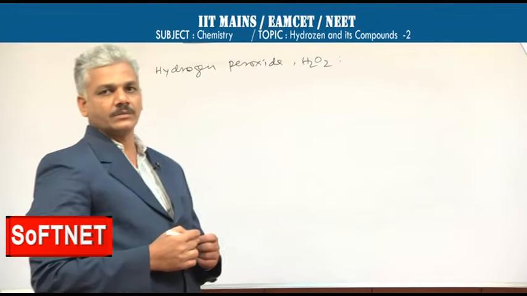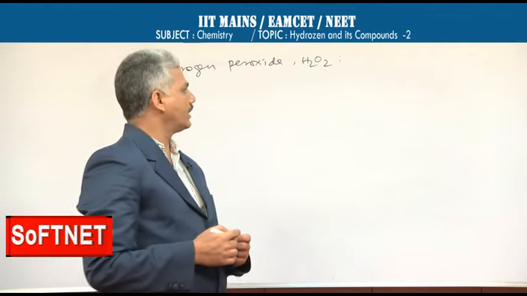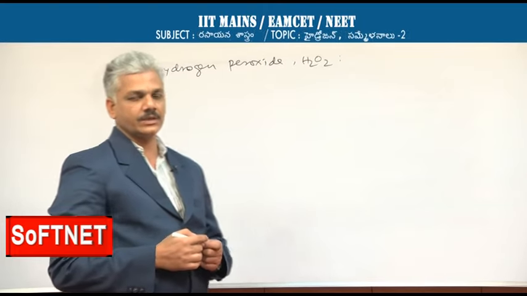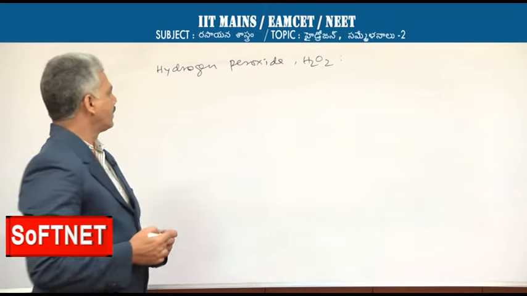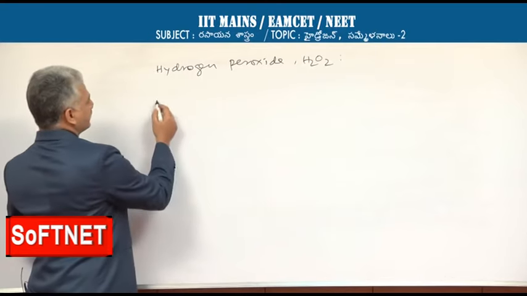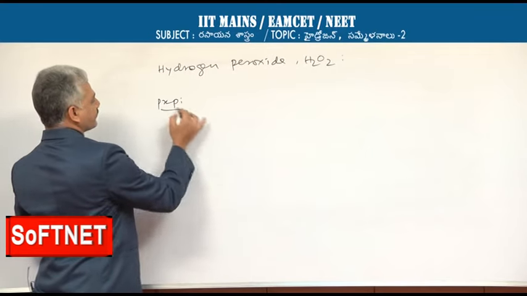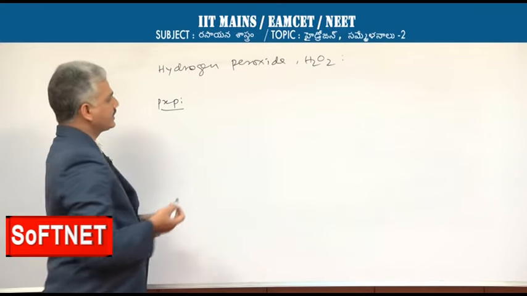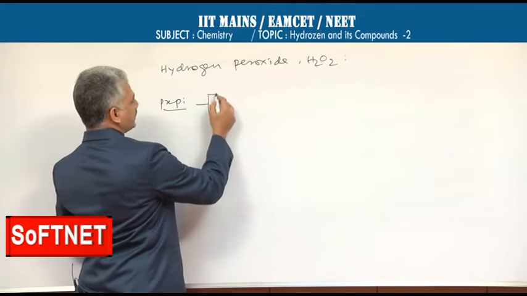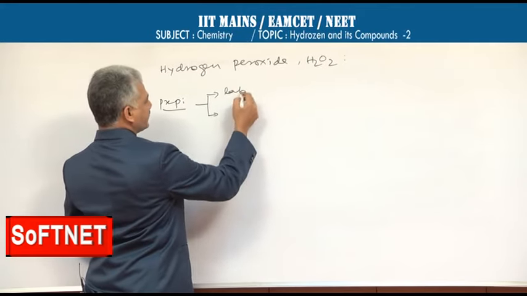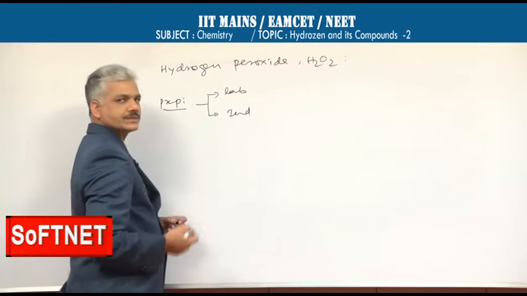Another important compound of hydrogen is hydrogen peroxide, H2O2. Let us see the preparation methods. These preparation methods are classified into two types as laboratory methods and industrial methods.